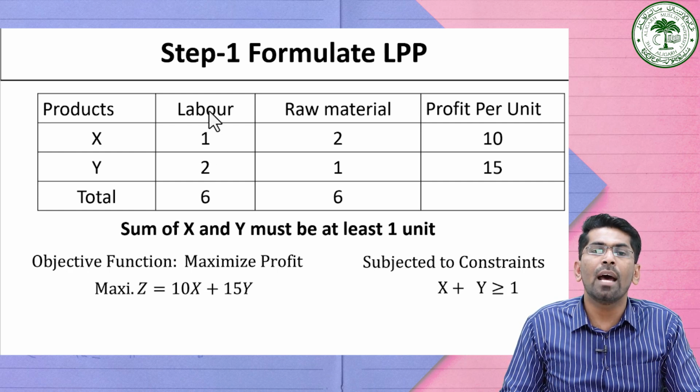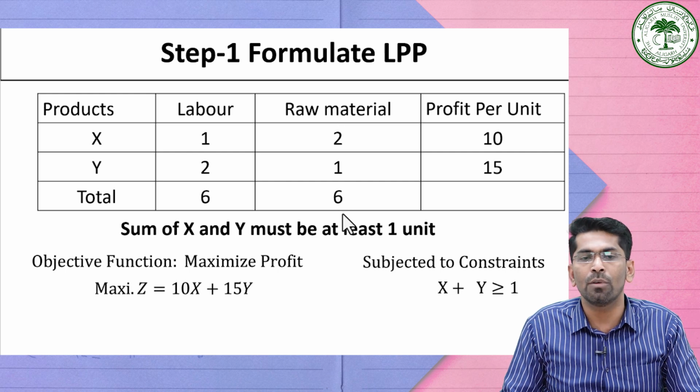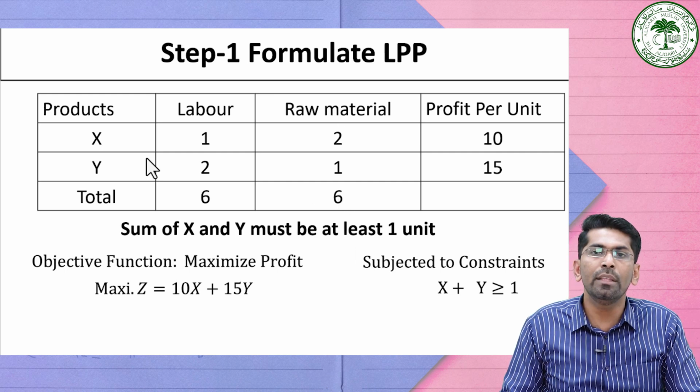Another thing is that the availability of labor and the availability of raw material are also limited. Here the total available labor supply is 6 and the total availability of the raw material is also 6. So I am denoting these two constraints. 1 unit of X and 2 units of Y are required for labor.